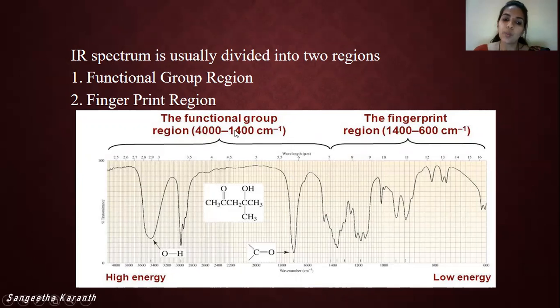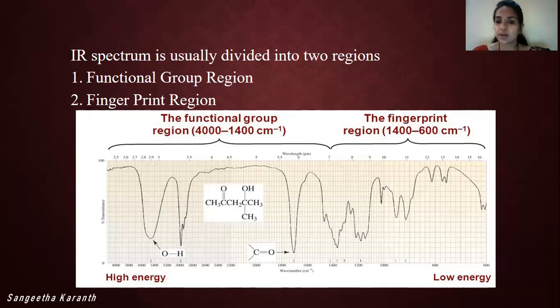Next, coming on to the two different regions in the IR spectrum. The two main regions which we have to see in the IR spectrum are the functional group region and the fingerprint region. The functional group region, as the name suggests, will help us in identifying what functional groups are present in the molecule. In the same way, the fingerprint region, as the name suggests, is very specific to that particular molecule.